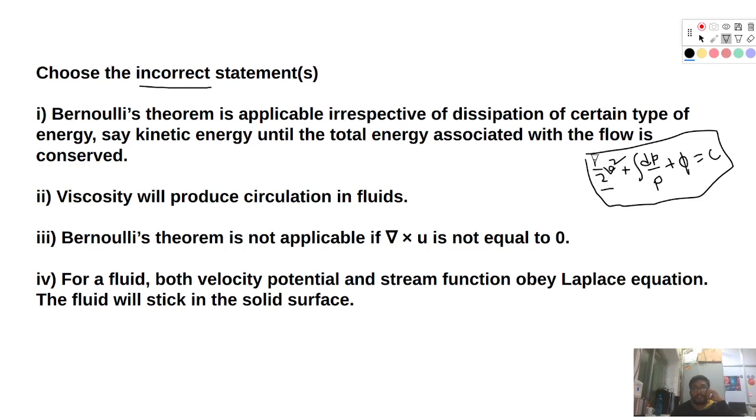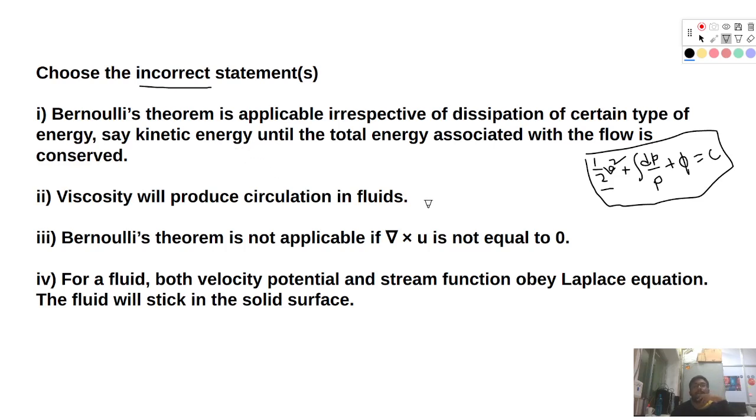If half v square is changing, it might be transformed to other forms of energy. So the total energy is conserved for the Bernoulli equation. Now tell me which of the other 3 options are incorrect. The first one is correct, so it cannot be our answer.